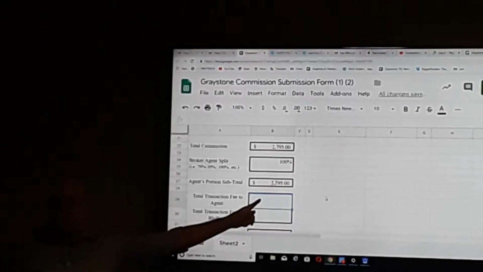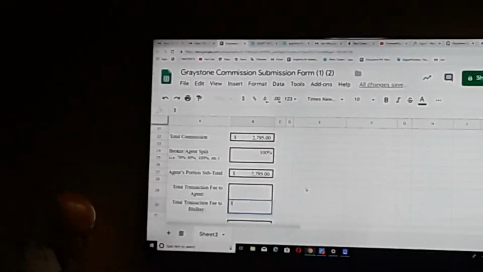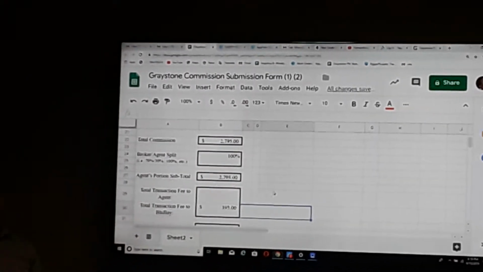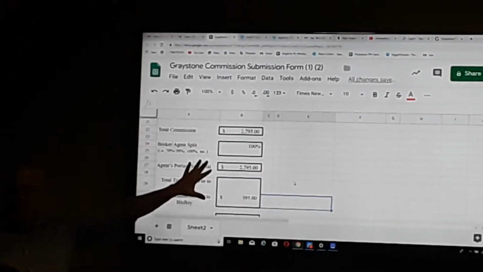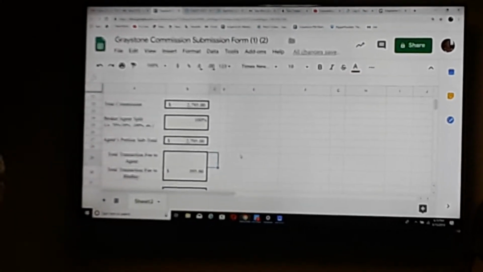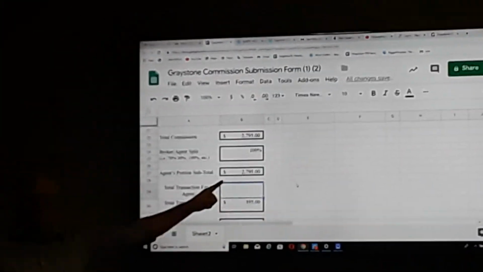If you forgot to charge it or if you waived it, then you don't put anything in there, and it's gonna deduct it from your commission. If you put the $395 in here, then it'll balance it out and you get your full commission. Understand or not? Say it again. In here, you're gonna put the transaction fee if the client paid it at closing. If they didn't pay it, then you leave it blank.